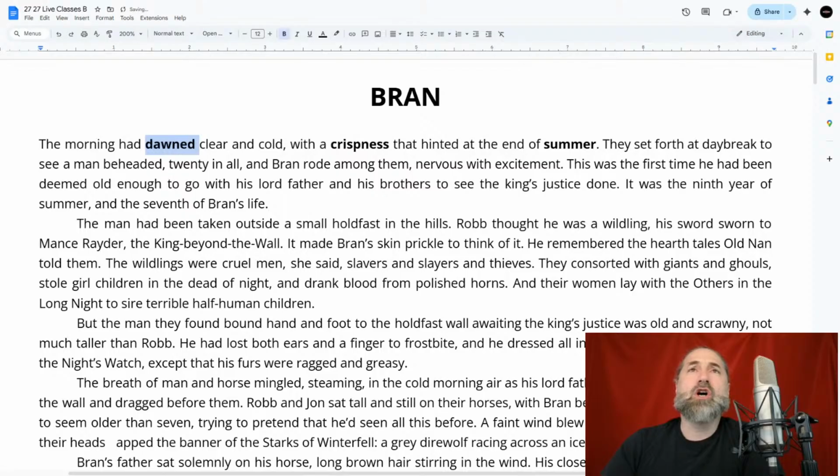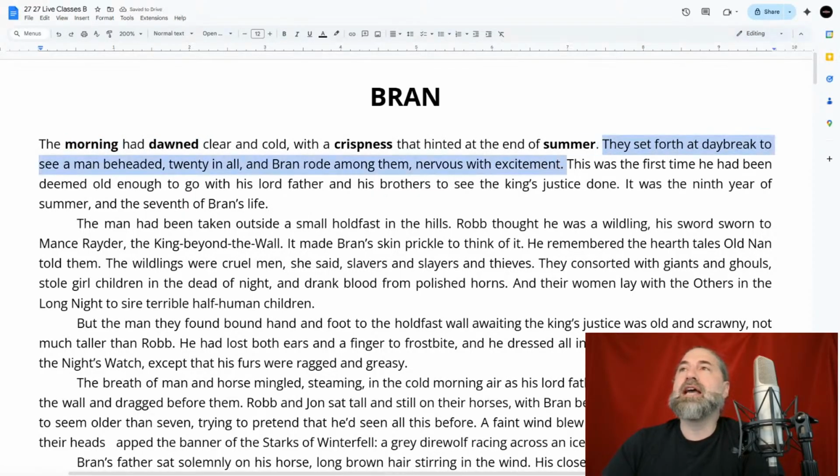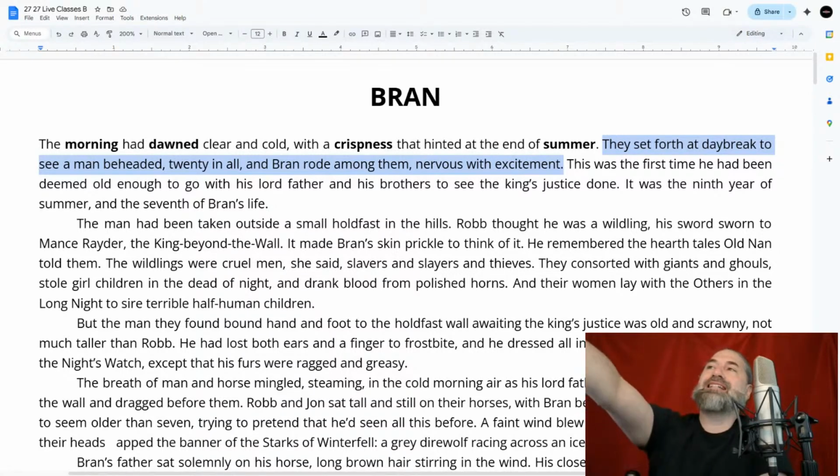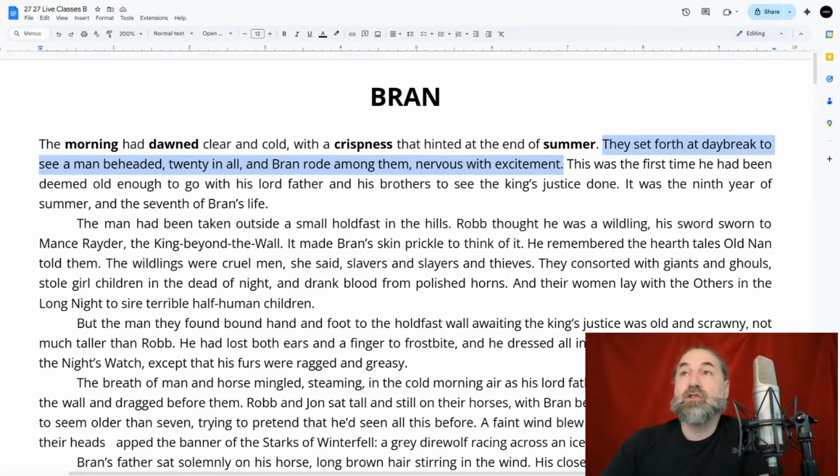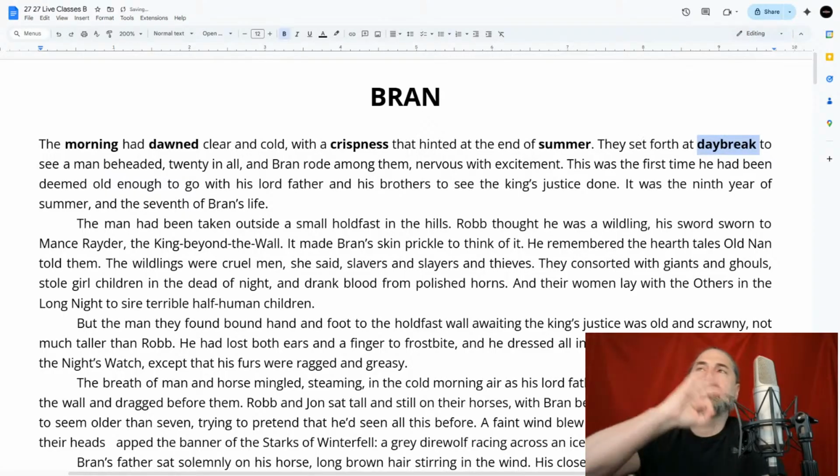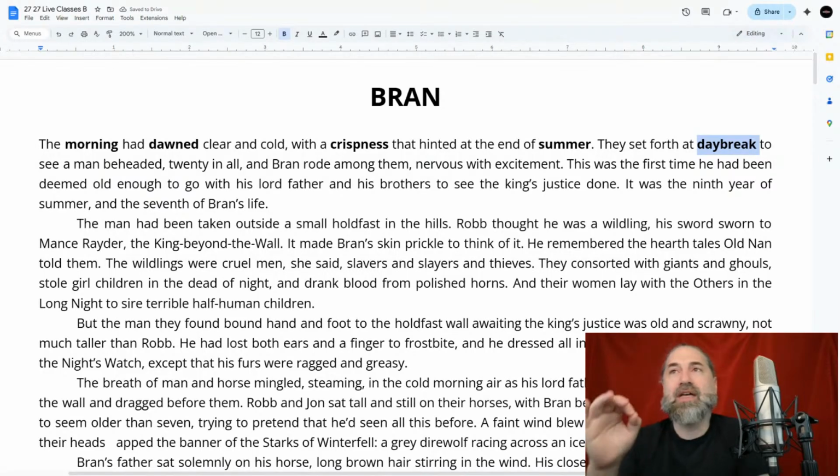It's the dawn, it's morning. So where does it go? The next sentence is: they set forth at daybreak to see a man beheaded, 20 in all, and Bran. So it is expanding on daybreak. We use daybreak to connect the two sentences, and then now we get to expand on that.